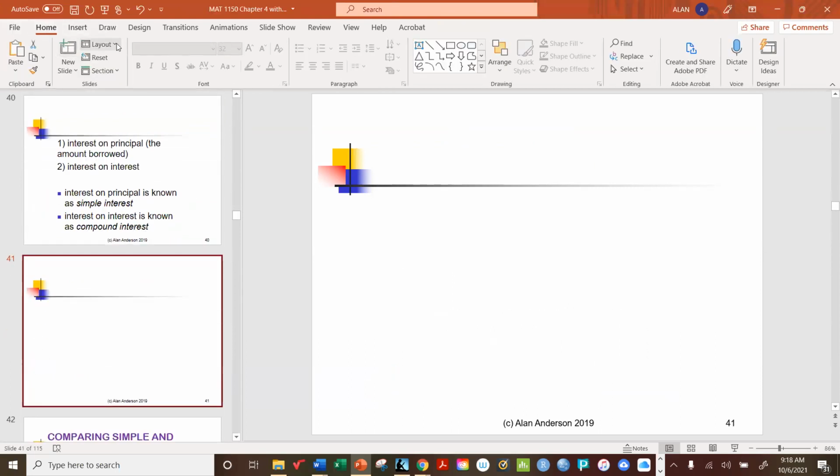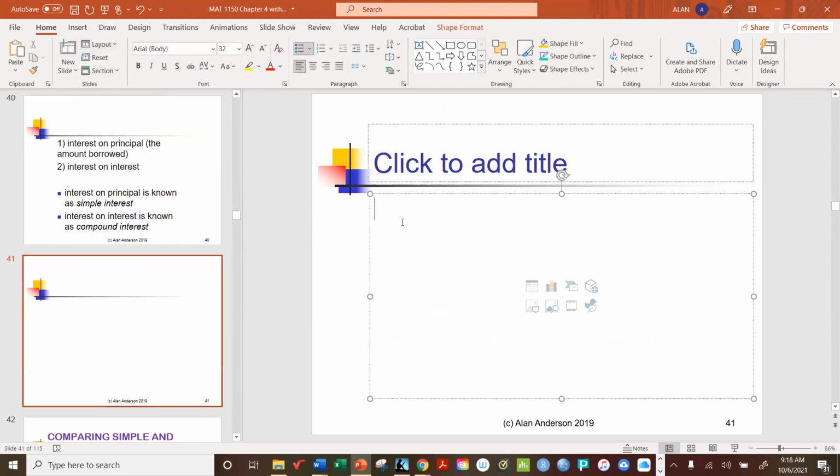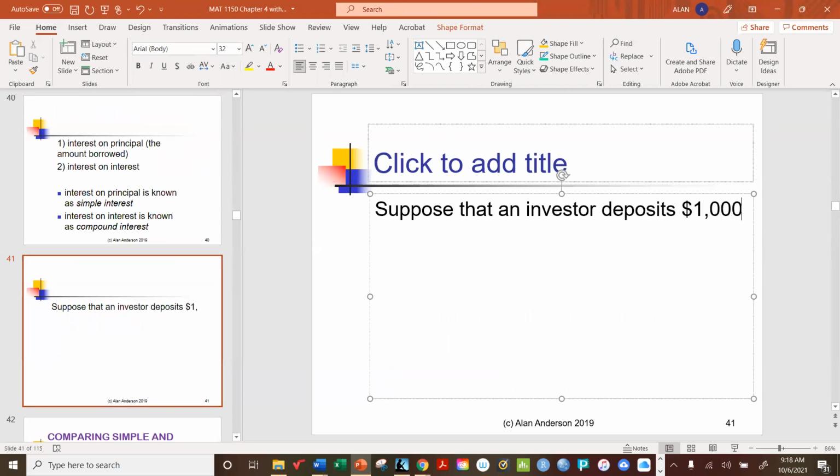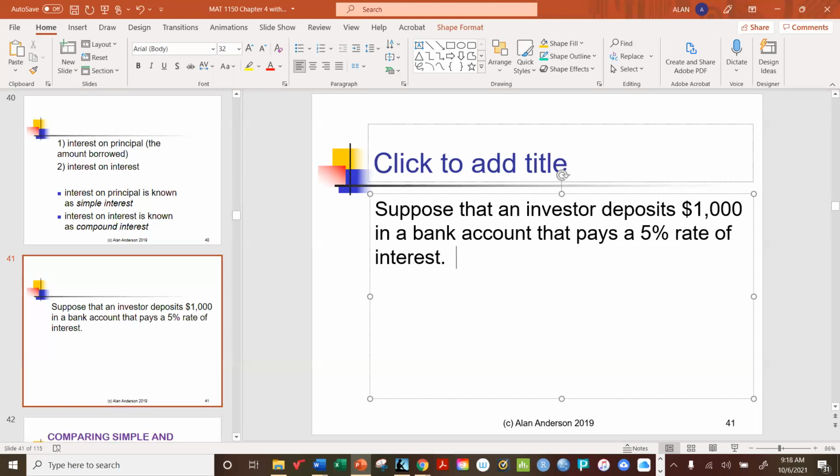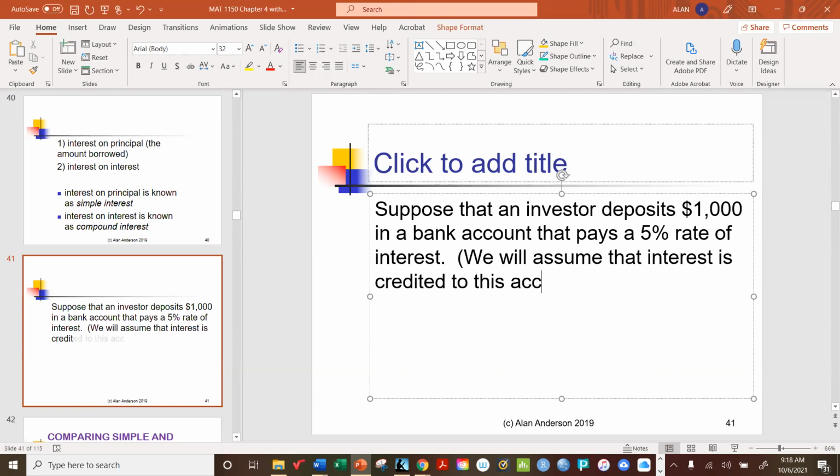So let's just say, to keep it simple, suppose that an investor deposits $1,000 in a bank account that pays a 5% rate of interest. Now, to keep it simple, we will assume that interest is credited to this account at the end of the year.